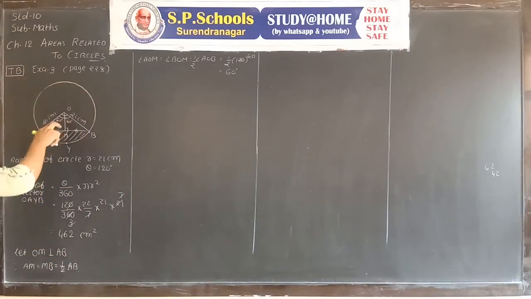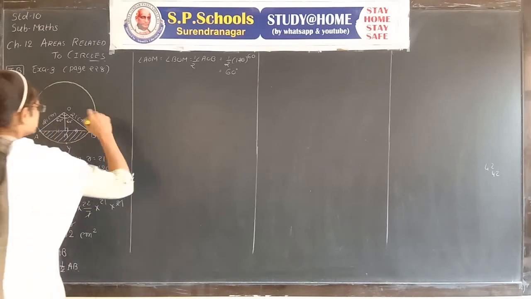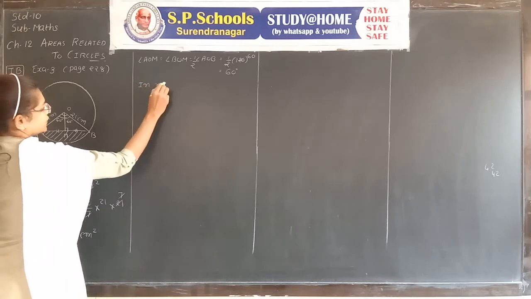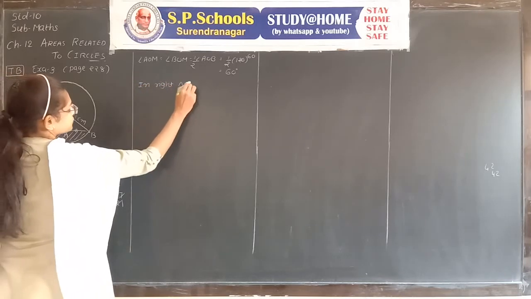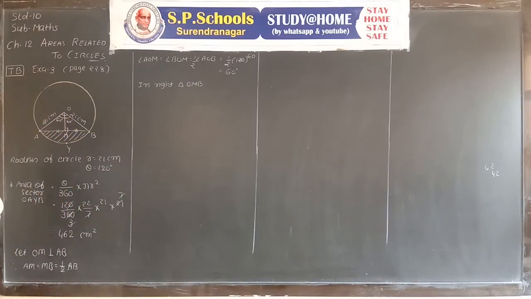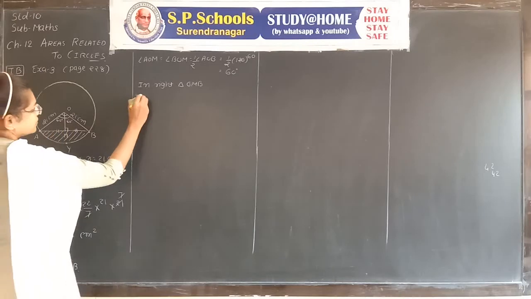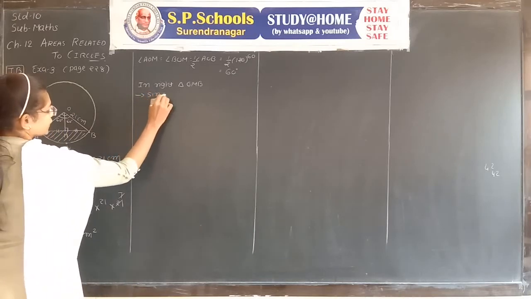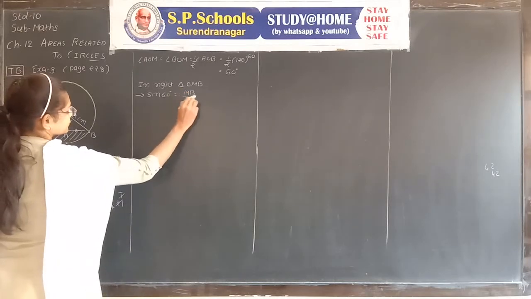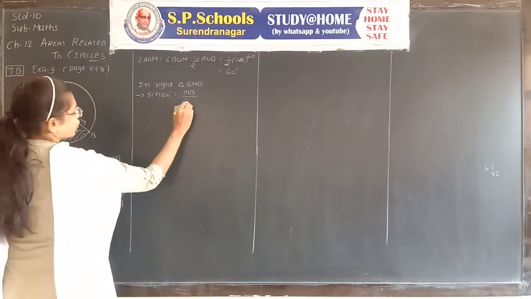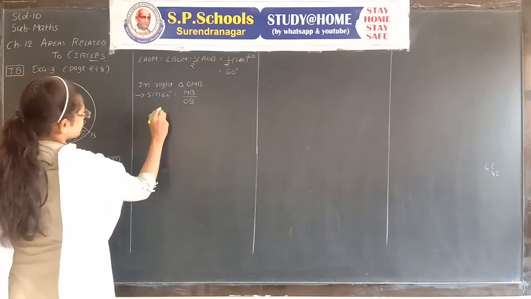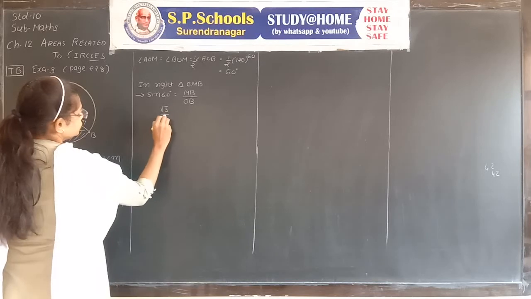Use one of the right triangles, suppose right triangle OMB. In right triangle OMB, use the trigonometric ratio sin 60 is equal to opposite MB upon hypotenuse OB, where sin 60 is equal to root 3 upon 2.